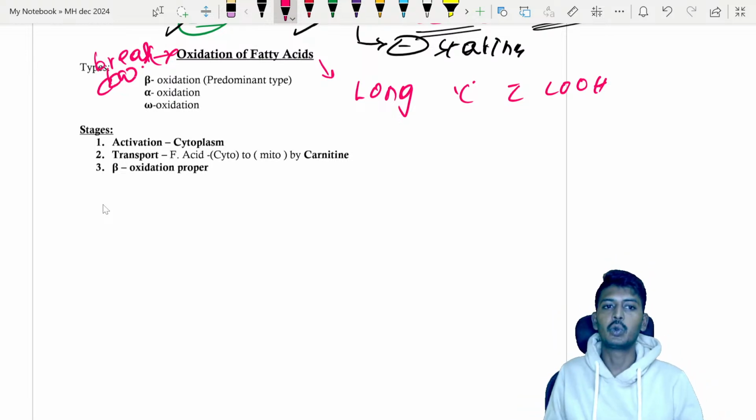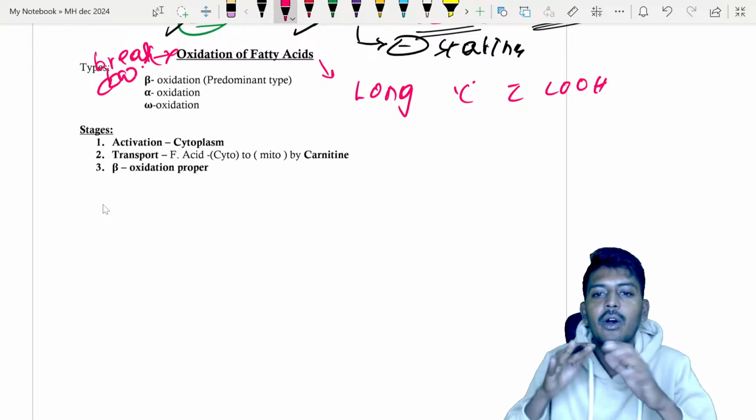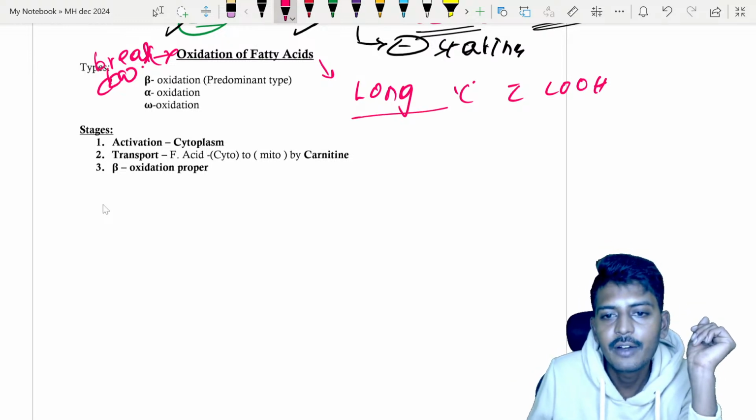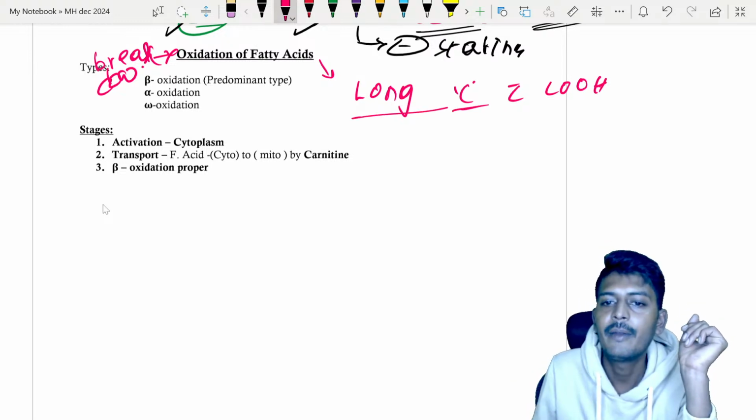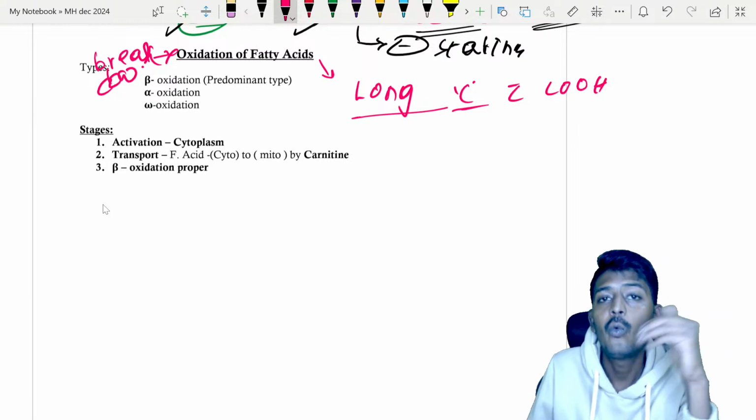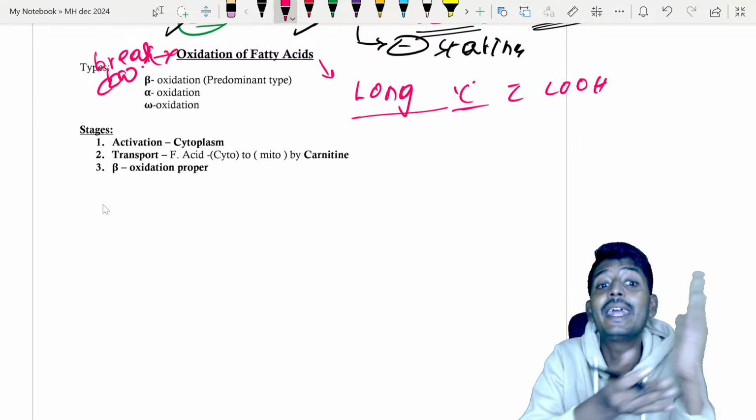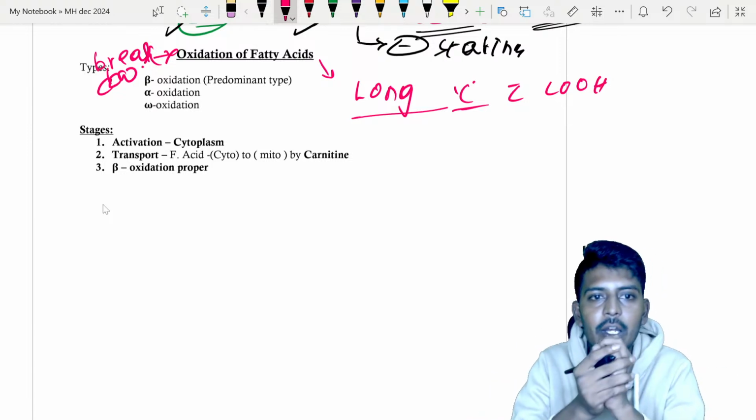So why does the body have to do the oxidation? Because whenever I require energy, I need to break down this long chain fatty acid into acetyl CoA.